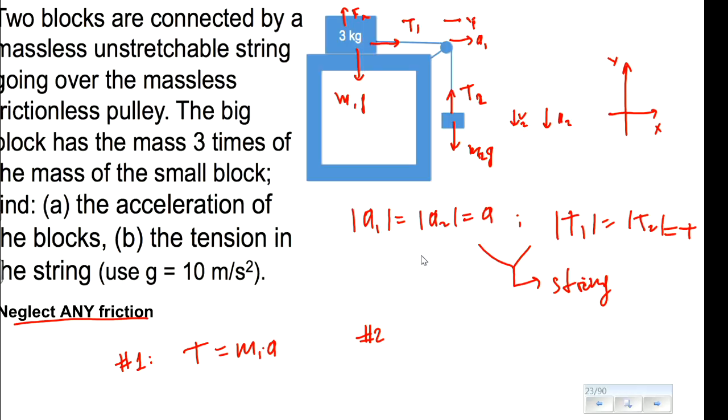Now we see x direction doesn't matter. We'll only have vertical vectors. So technically, what should we write? Tension is positive, gravity is negative, and the acceleration also points down, so it should have a negative component.